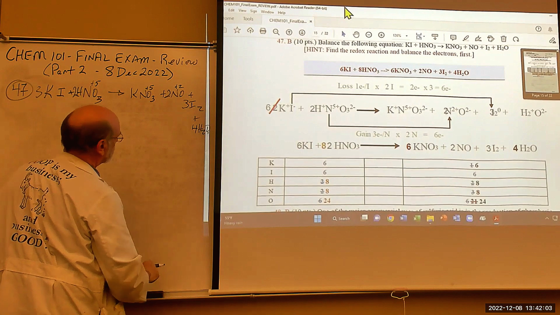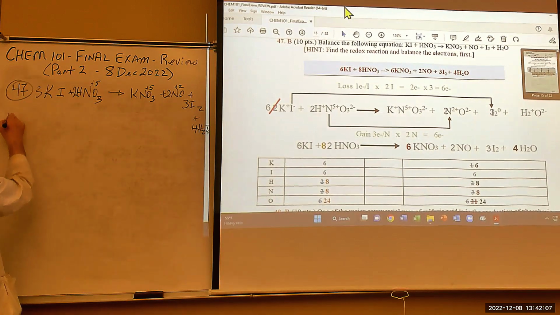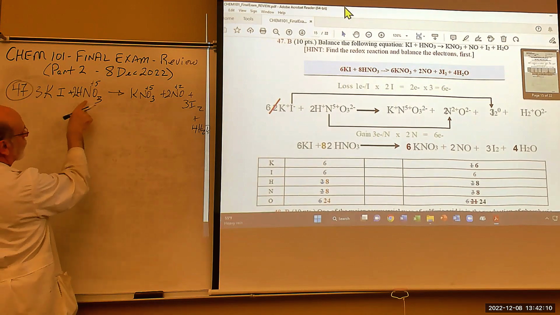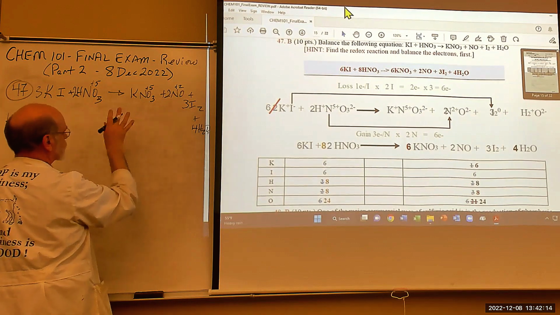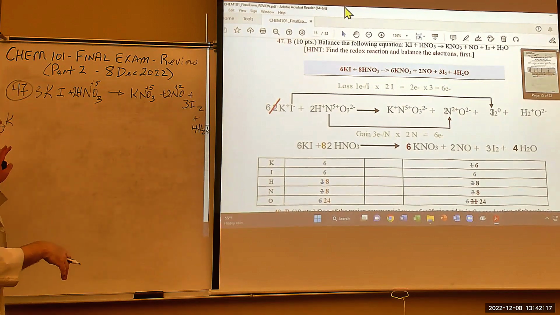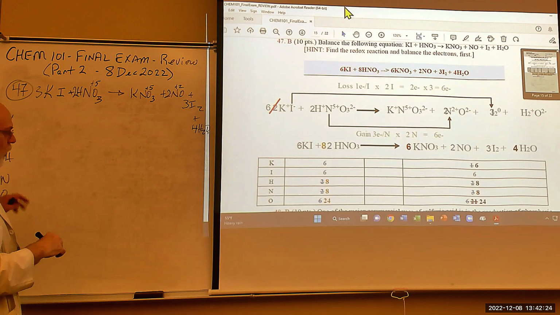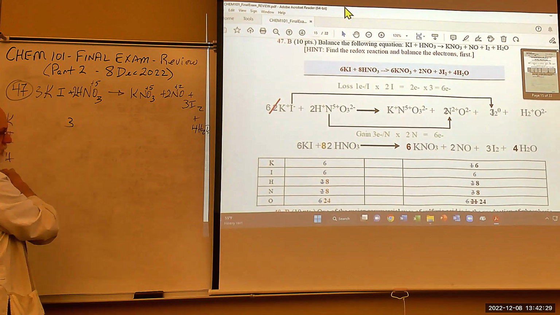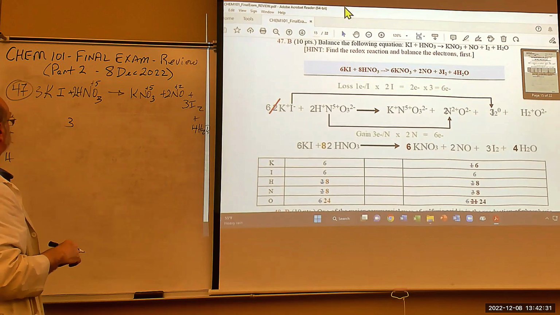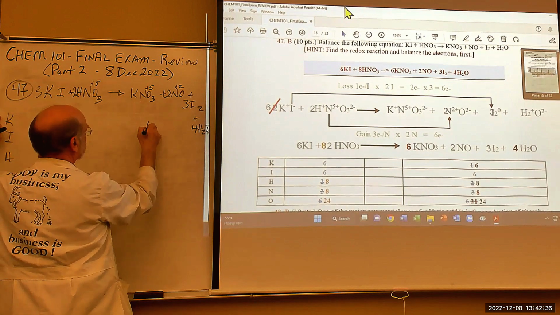All right, so I'm kind of short on space here, but let me see if we can do this. We've got potassium. We've got a nitrate on this side, but it breaks apart into 2 different ones, so we have to take every element separately: hydrogen, nitrogen, and oxygen. So we start out with how many potassiums? 3 on this side and 1 on that side.